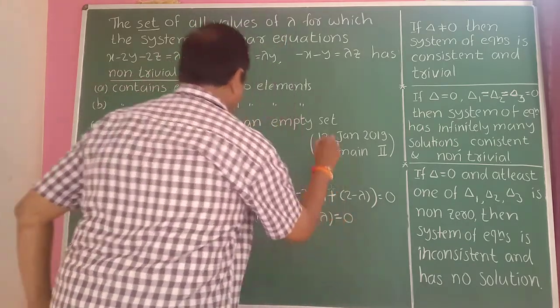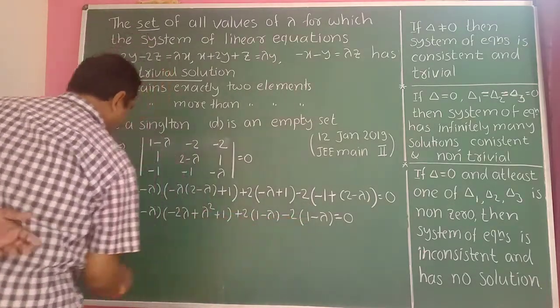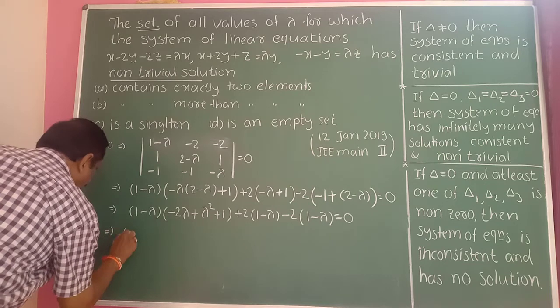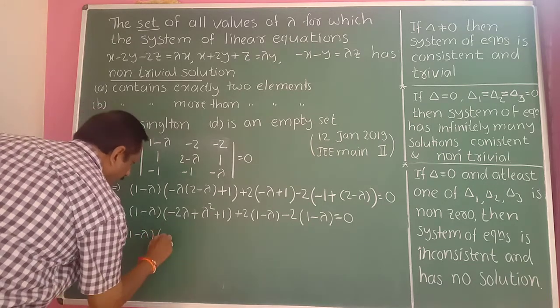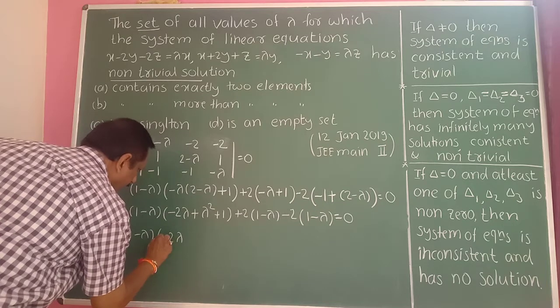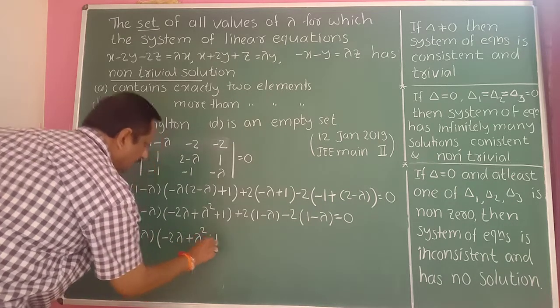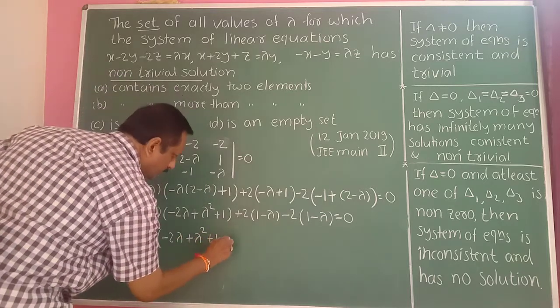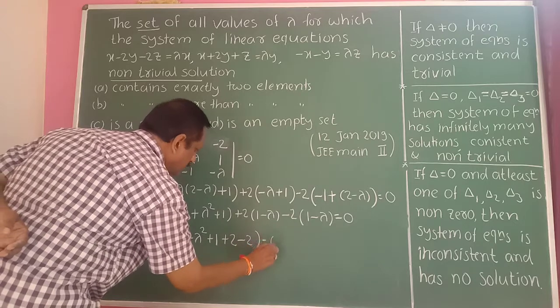Then 1 minus lambda is a common factor. So 1 minus lambda into bracket: minus 2 lambda plus lambda square plus 1, then plus 2 and minus 2 get cancelled, that is equal to 0.